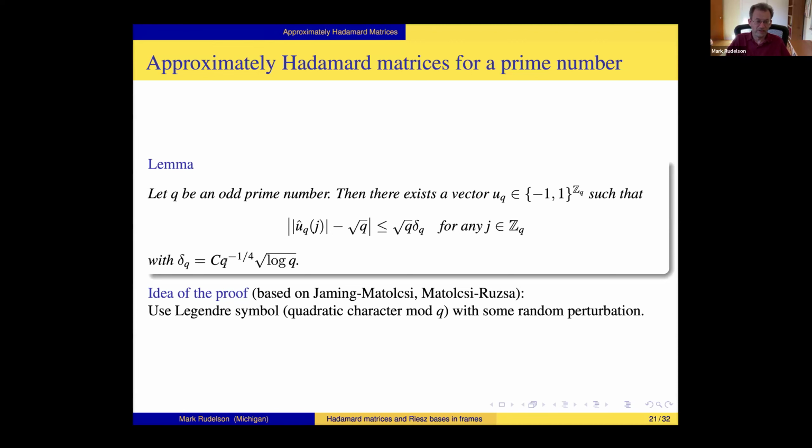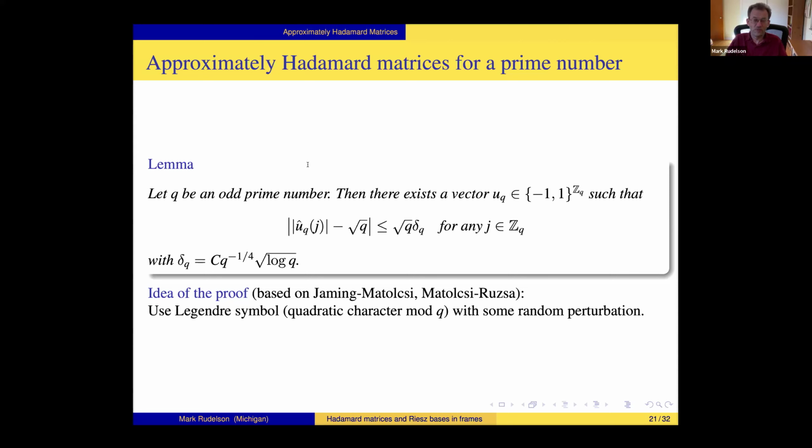The error is much smaller than the square root of q. And the proof is a combination of deterministic and probabilistic ideas. The first one is what I hinted at before. It's an existing construction from elementary number theory. This is the Legendre symbol, or quadratic character.